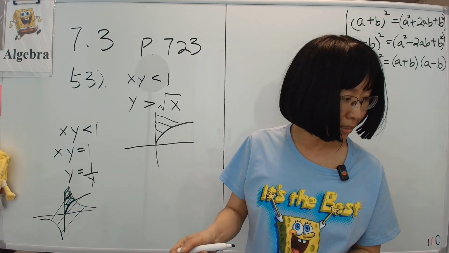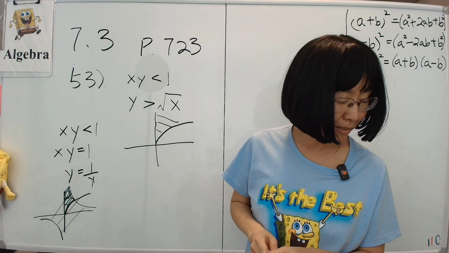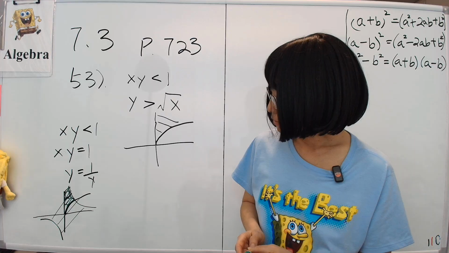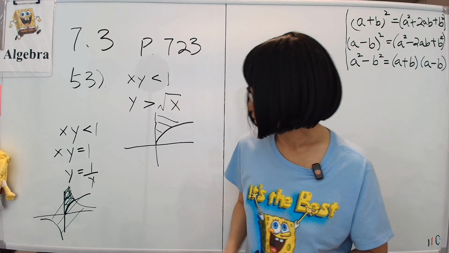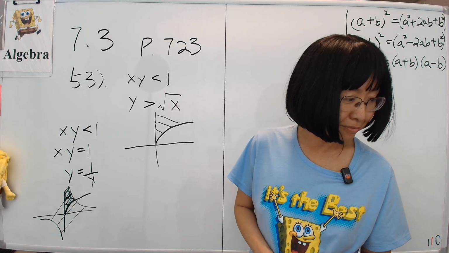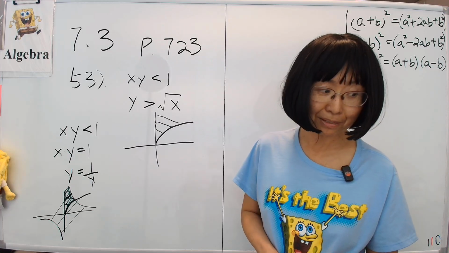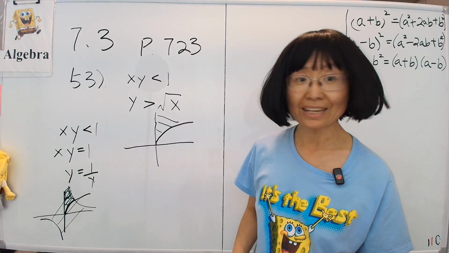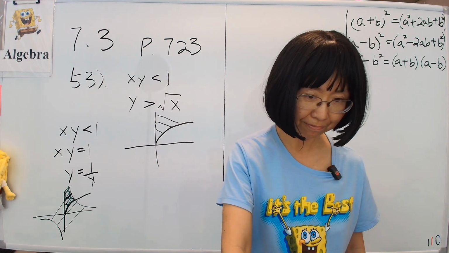Anyway, the answer in the book doesn't even give us a graph, which they should have, because it says to graph it. But anyway, that should be the answer to problem 53.